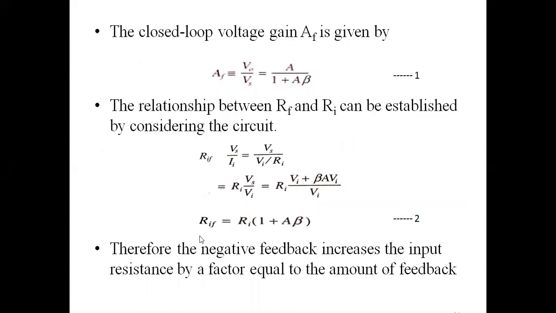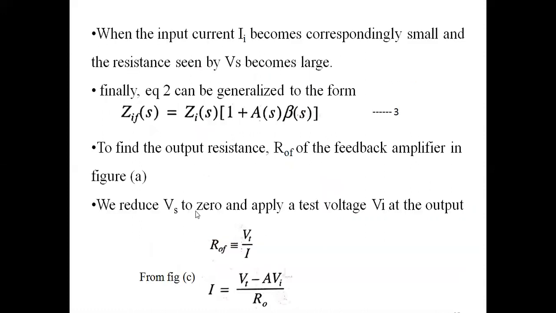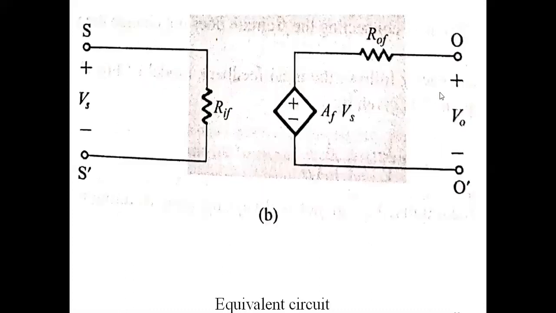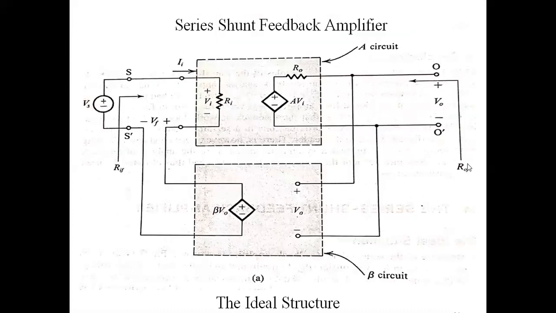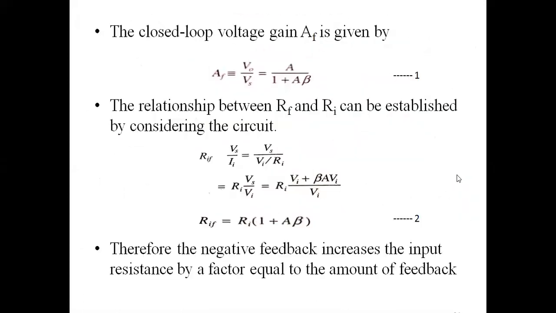In this way we can find RIF, the input feedback resistance, in terms of Ri and the feedback factor. Similarly, we can find the output feedback resistance ROF of the feedback amplifier, as shown in figure A. This is the point of interest now; we need to calculate the output resistance ROF.